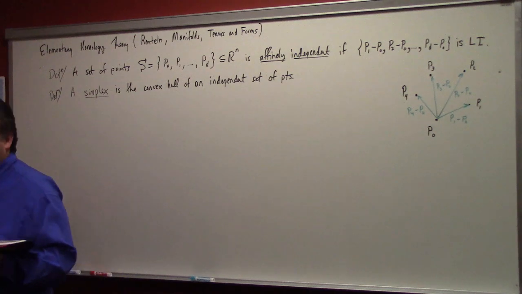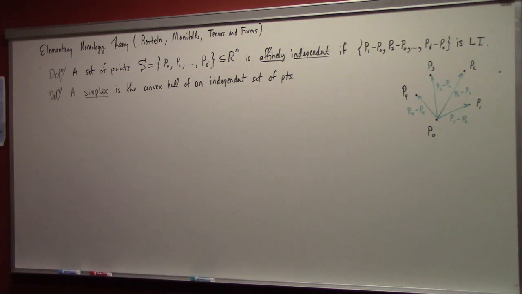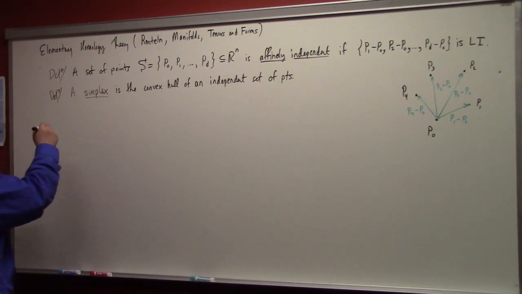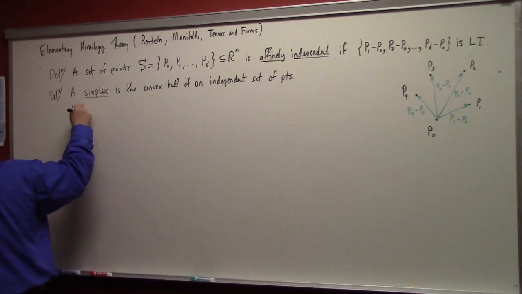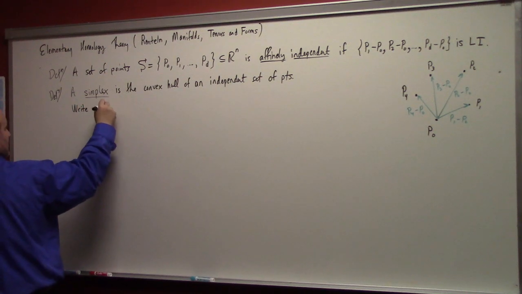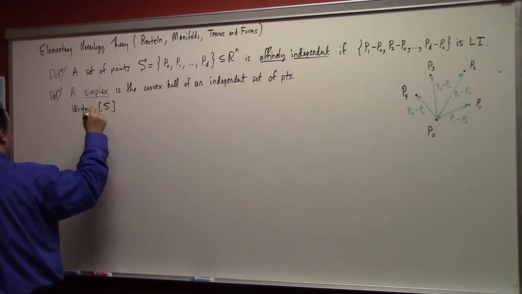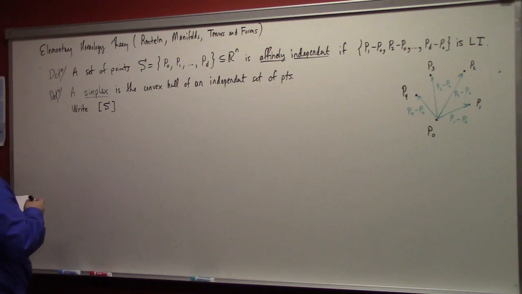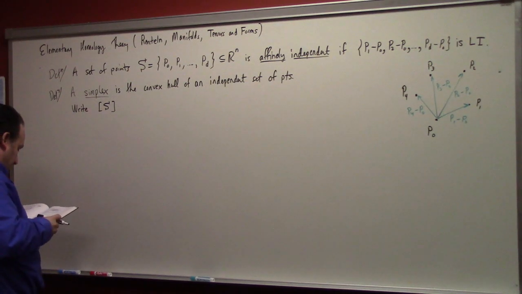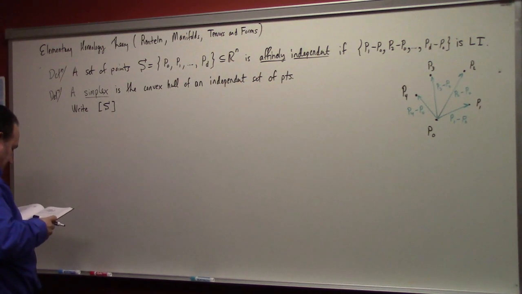Let us understand that if we talk about an independent set of points in this context, we mean affinely independent. And he says we write bracket S to denote the simplex determined by the set S.